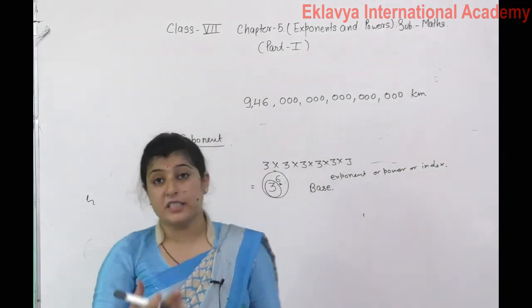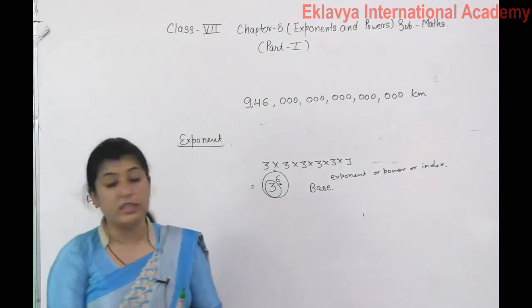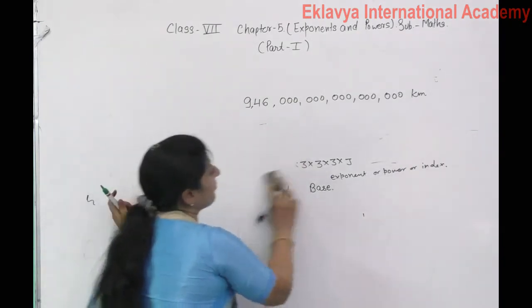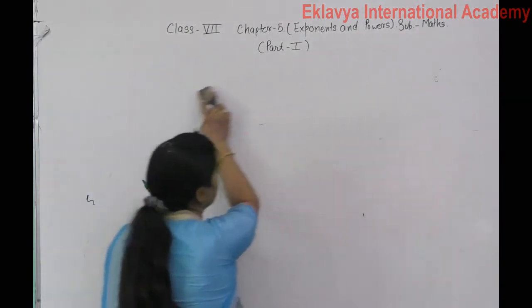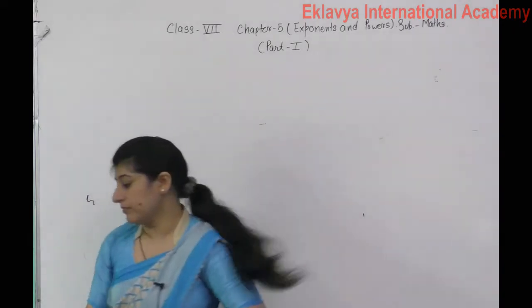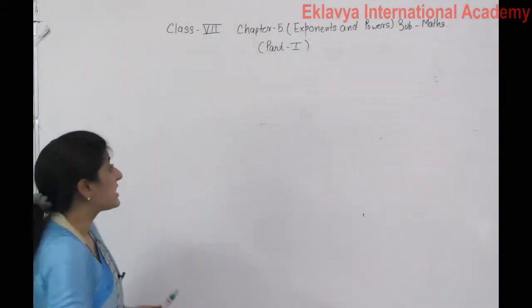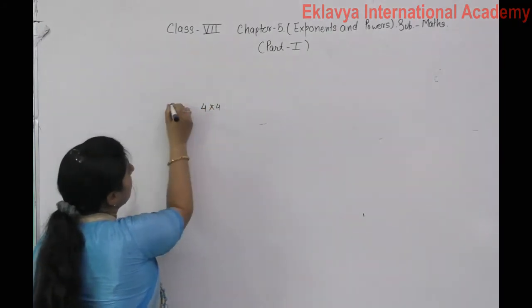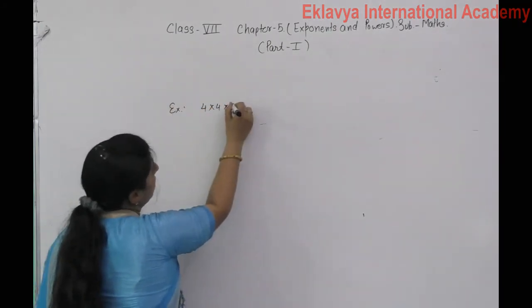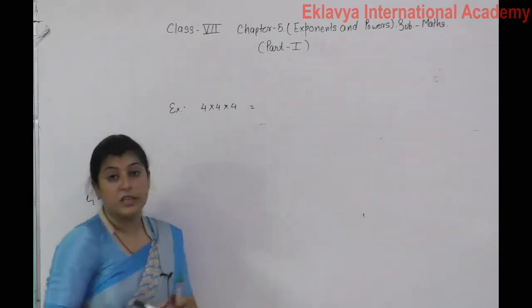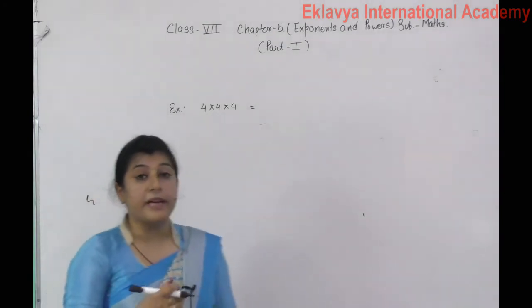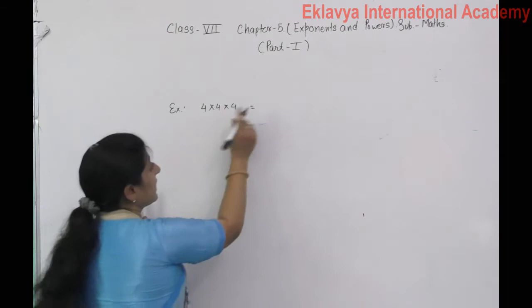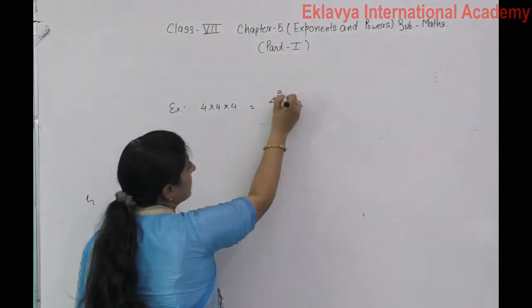Now there are some rules to solve exponents. Before this, we take some examples. Suppose I write 4 into 4 into 4. How can I write it? If I take the base 4, then it becomes 4 power 3.